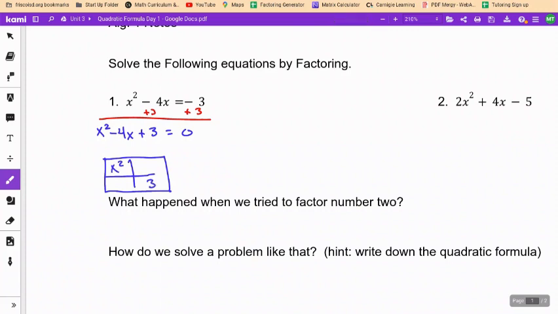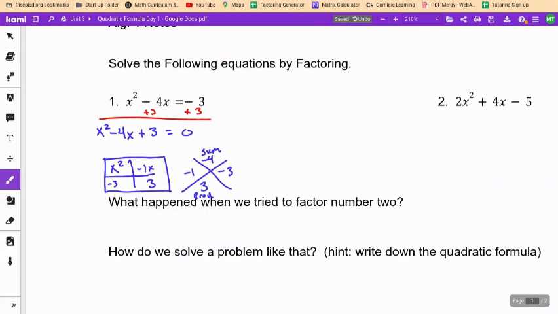First term, last term, we multiply those two to get the product, and then the sum is our middle term. So I need two numbers that sum to get -4 and multiply to get a positive 3. Those two numbers are -1 and -3.